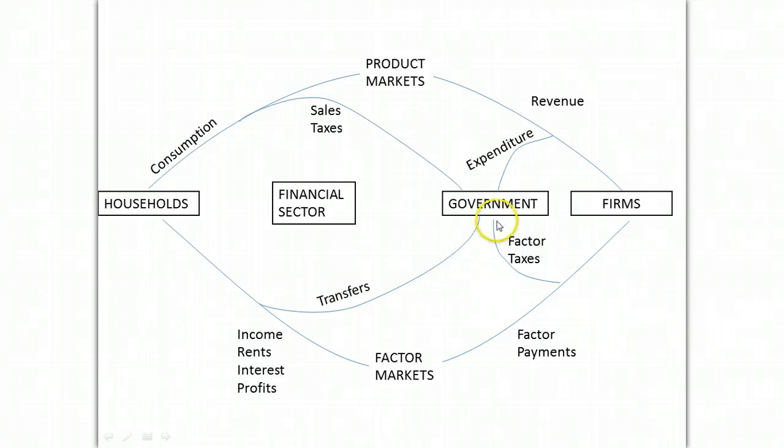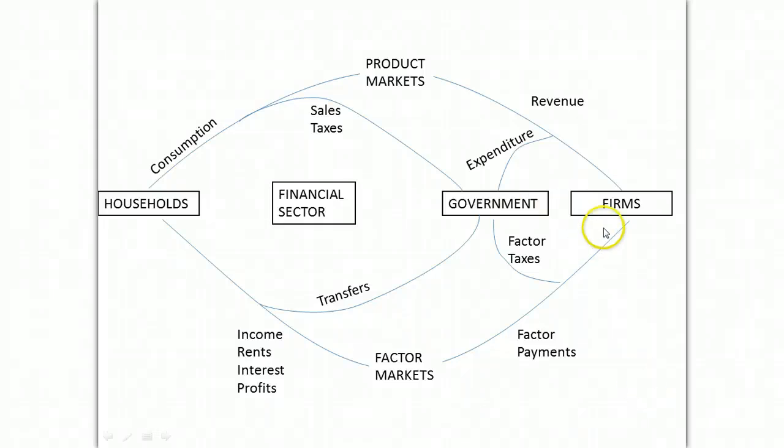So here we have 4 flows in and out of government. So the taxes are flows into government. So sales taxes. So the government takes a proportion of the amount of money households spend on consumption. All that money doesn't go on goods and services. Some of the money households spend actually goes to the government. So in Ireland we have VAT and excise duty.